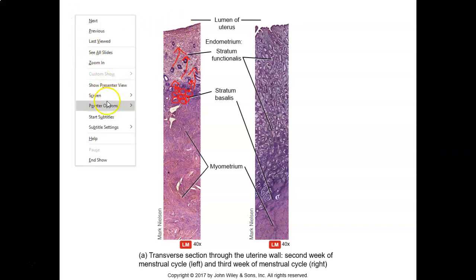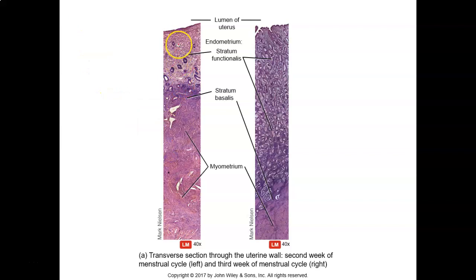The numbers I'm throwing out are completely arbitrary, but you see in this image the stratum functionalis is 2 inches thick, and then here it is almost 6 inches in thickness, because it's the stratum functionalis which is thickening. And then down here, that's just all myometrium, just uterine muscle.